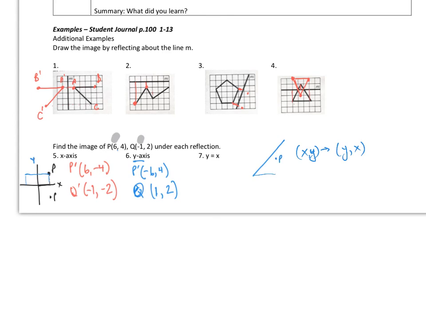If point P is right here, and we're flipping across this line, we're just going to do the opposite. So it'll be this and that. The heights will change. So P prime is going to end up, we flip these two, so 4, 6. And then Q prime, we flip these two, just like this mapping tells us to do, and that would be 2, -1.